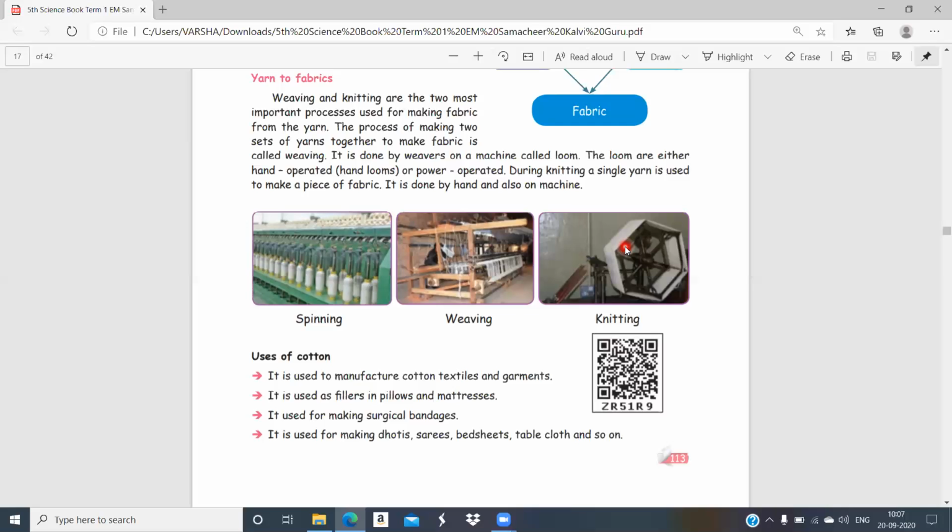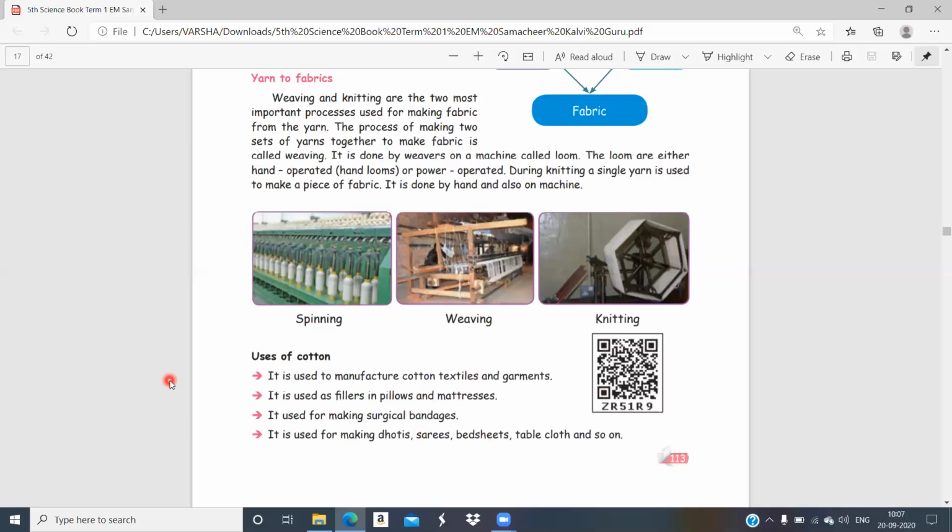The loom is either hand-operated, known as a hand loom, or power-operated, run by electricity. In knitting, a single yarn is used to make a piece of fabric, and it is done by hand and also by machine.